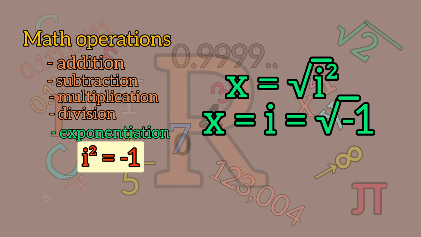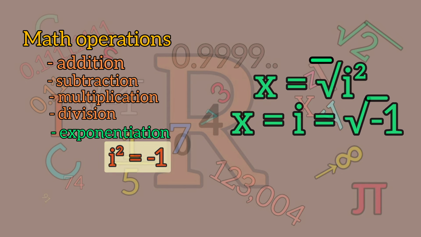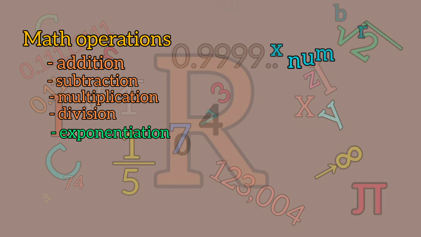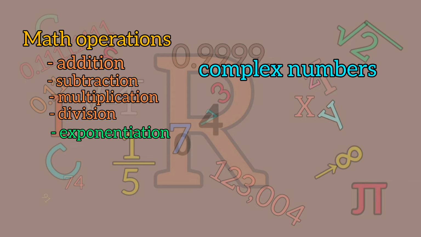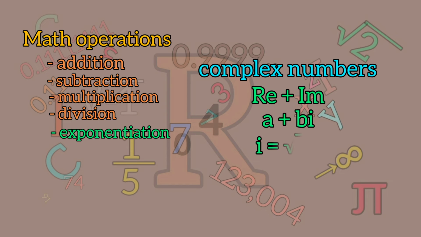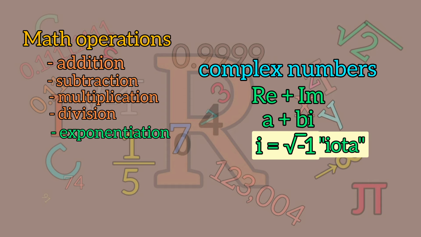This leads to the creation of another set of numbers bigger than the real numbers, called complex numbers. Complex numbers are made up of a real part and an imaginary part and expressed in the form a plus b times i. We already have shown the value of i as the square root of -1, and this is called iota. a and b are real numbers.